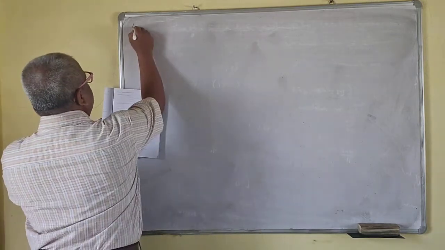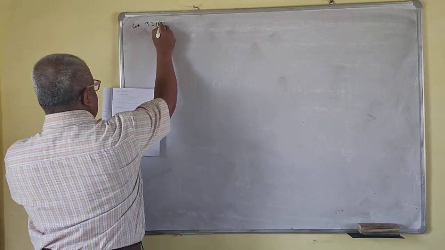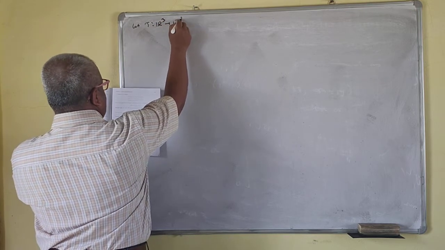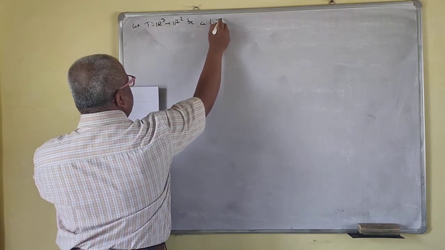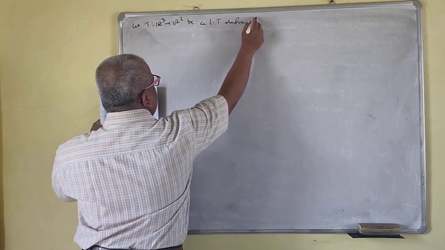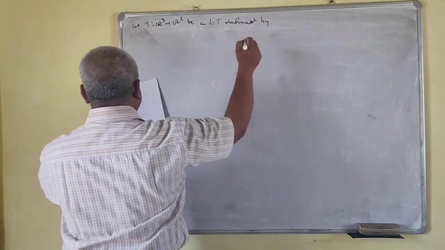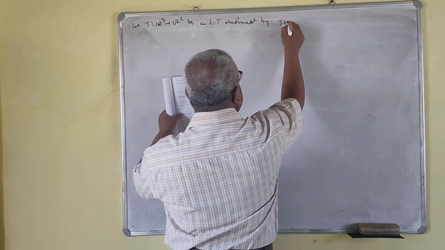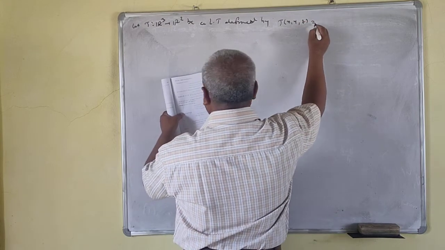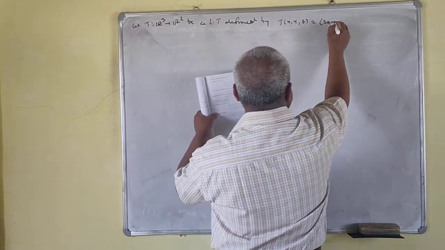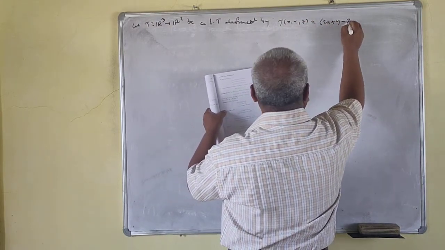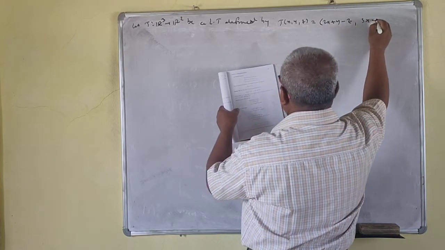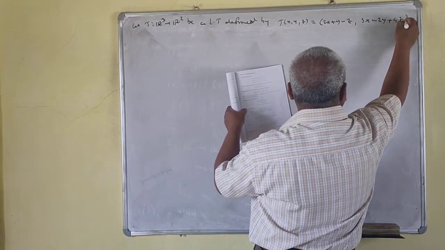Let T from R3 to R2 be a linear transformation defined by T of XYZ is equal to twice X plus Y minus Z, 3X minus twice Y plus 4Z.